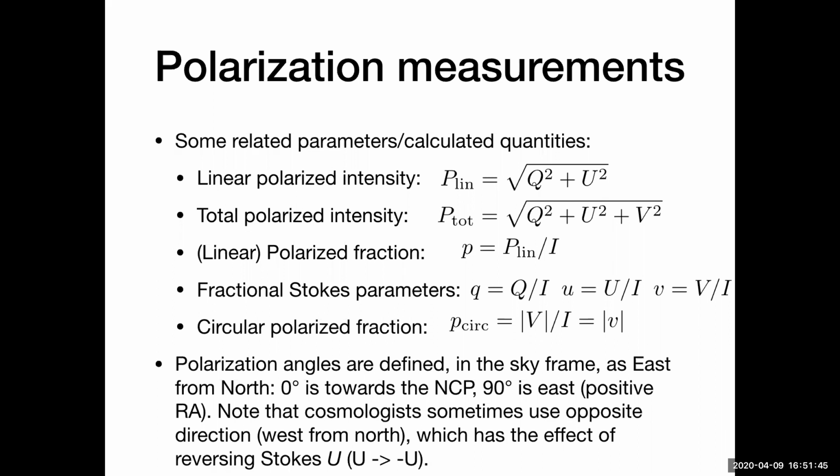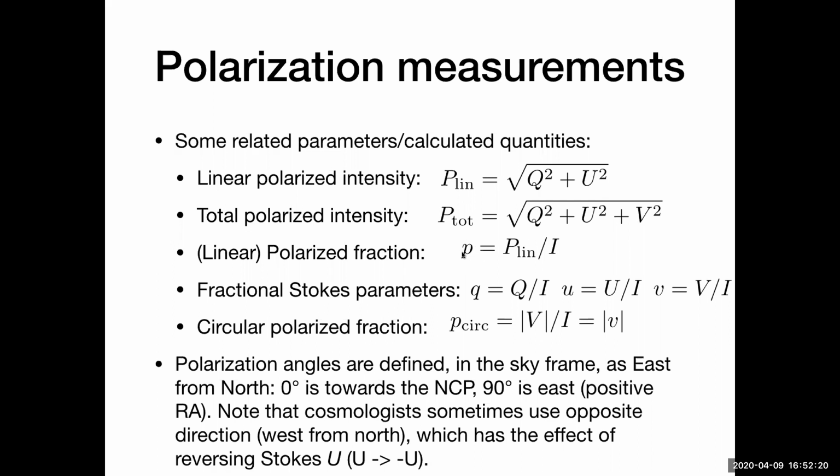This defines the intensity of the linearly polarized component of the wave. You can define a total polarized intensity by also folding in the Stokes V component. This tells you how much of the intensity is polarized, and you can then compare that to the total intensity to work out a polarized fraction: either the linear or the total polarized intensity divided by the total intensity of the wave.